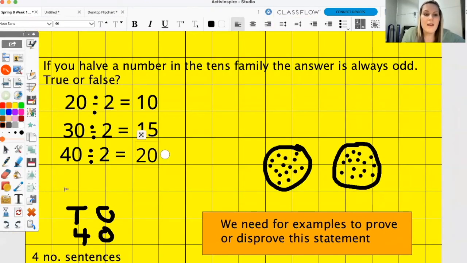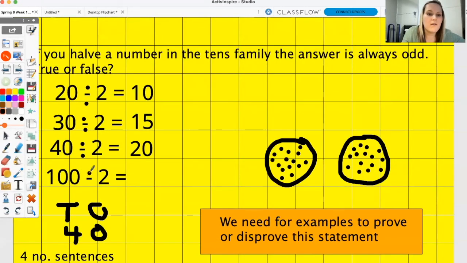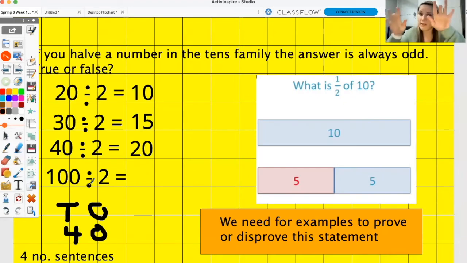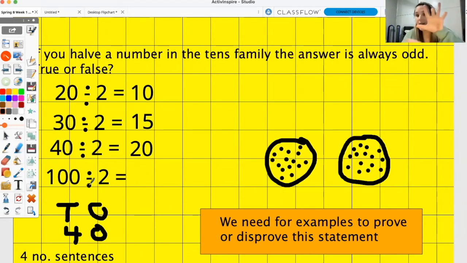And then let's try 100 divided by 2. If I halve 100, I can use my number bonds to 10. I know if I've got 10, half of it is 5 because I've got 5 and 5 is 10. Half of 100 is, this is 10 tens, 5 tens, 10, 20, 30, 40, 50.